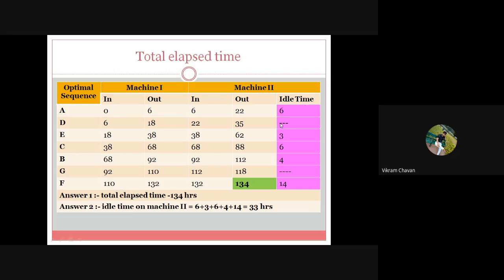So idle time for machine 2 will be 6 hours. Okay, now here it will process that particular job for 16 hours.